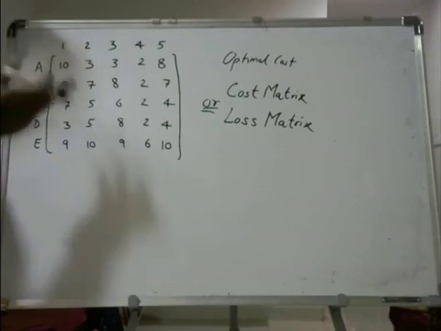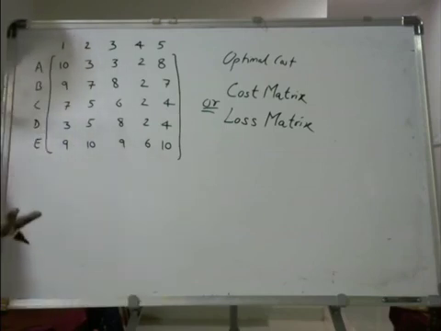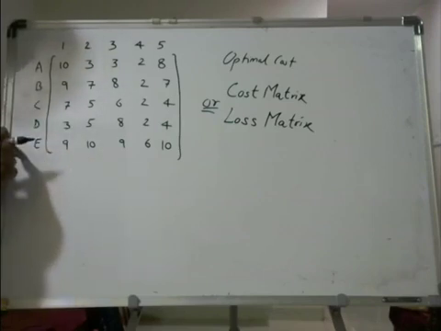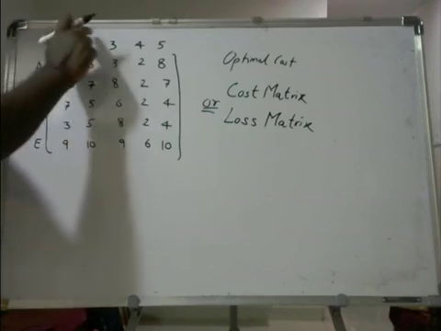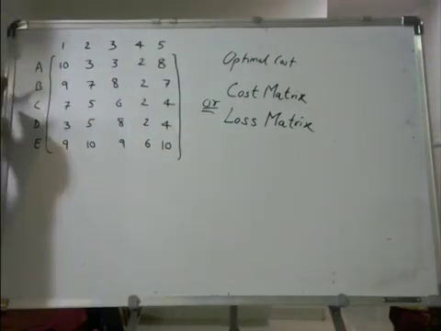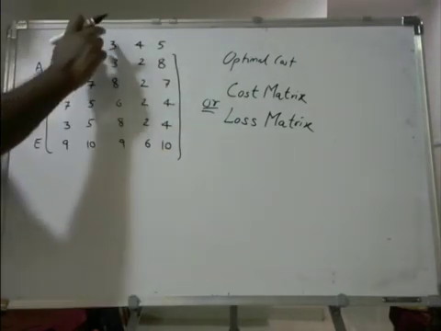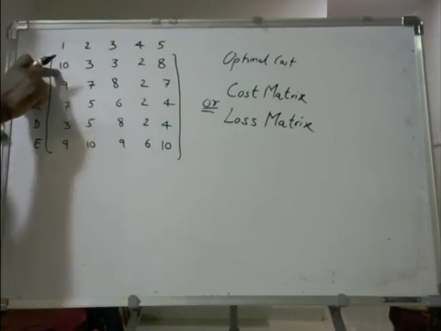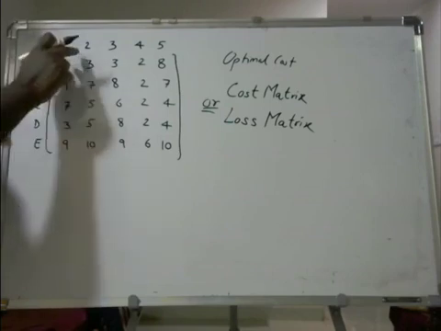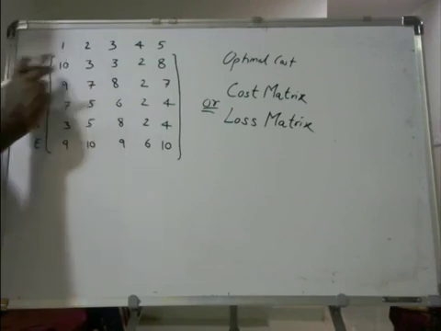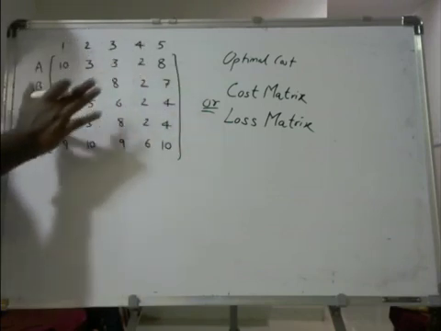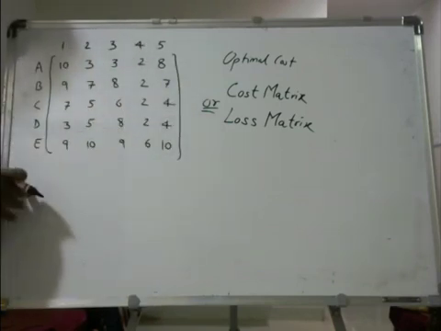Now, what do you mean by cost matrix? What is an assignment problem all about? There are 5 different people and 5 different jobs here. For A to do the first job, it costs 10 rupees. For A to do the second job, it costs 3 rupees. In such a way, for every person and every job, the cost involved is given.